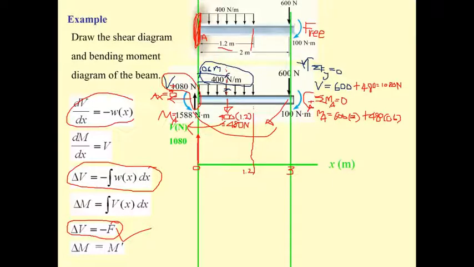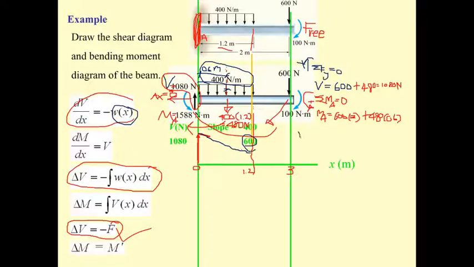When this distributed load is 400, our dV by dx is going to be minus 400. So this one is going to have the curve like this, with slope minus 400 until here. And what is the value of the shear here?